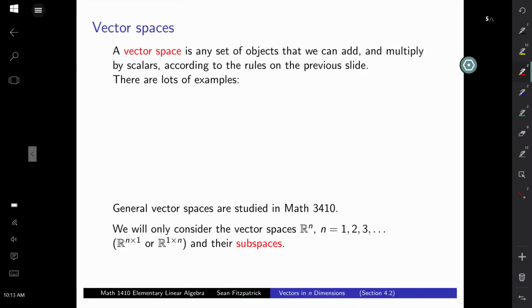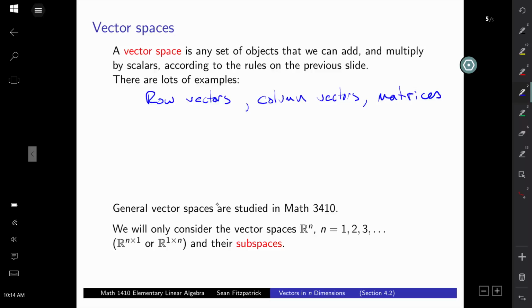Okay, so as I mentioned, a vector space is any set of objects where you have an addition and you have a scalar multiplication and they obey these rules. So we've seen some examples, right? We know that this works for row vectors. We know that it works for column vectors. We know that it works in general for matrices of a given size, right? Other examples might be things like this.